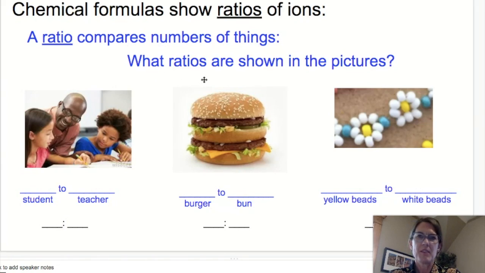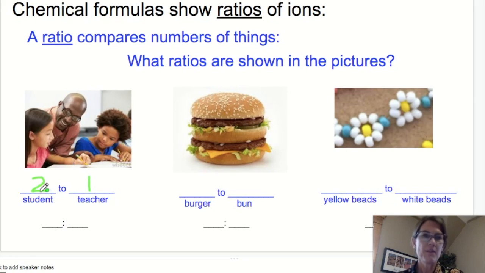And let's just think about these easy ones. What ratios are shown in the pictures? Oftentimes we talk about when you're looking for colleges or schools, what is the ratio of students to teachers? In this picture, we see 2 students, it looks like, and 1 teacher.